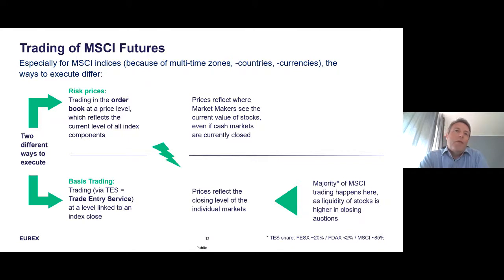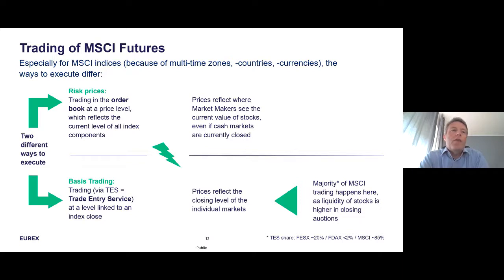Therefore, when you take an MSCI World or an MSCI Emerging Market, at no point in time normally are all markets open. So when you use the order book, what you will trade there is what we would call risk prices. Here the market makers are basically quoting under the assumption of where the futures would be if all underlyings would be open at that time, which is, as I said, not the case.